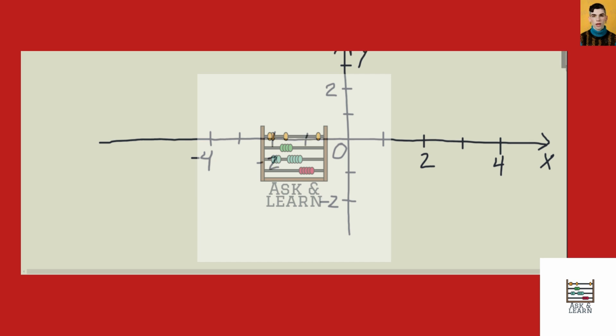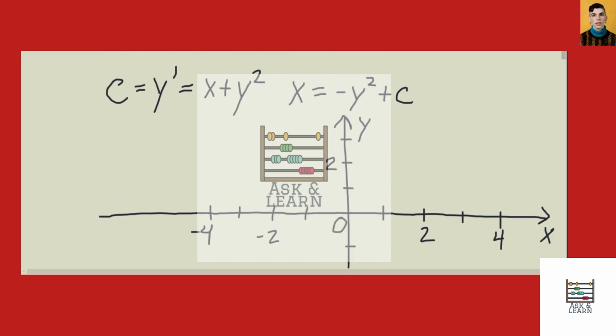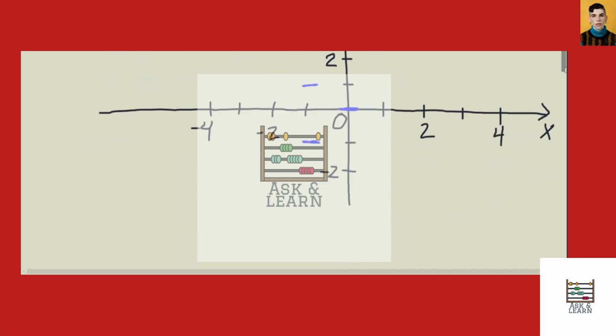In particular, if c is equal to 0, then x is equal to negative y squared. So we have a parabola which has a point at 0, 0, and also has points at negative 1, 1, and negative 1, negative 1. All along this parabola, the points have slope 0.